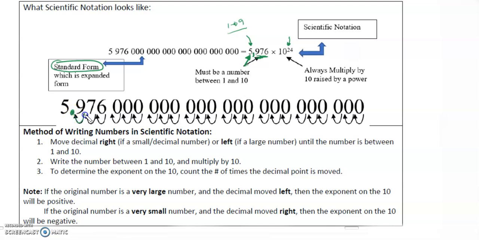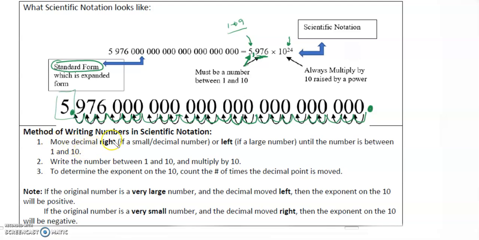So for example, 1, 2, 3, 4, 5, 6, 7, 8, 9, 10, 11, 12, 13, 14, 15, 16, 17, 18, 19, 20, 21, 22, 23, 24. The original decimal was here, and we moved it to the left 24 times so that we could get a number between 1 and 10, including 1 but not including 10, out front.